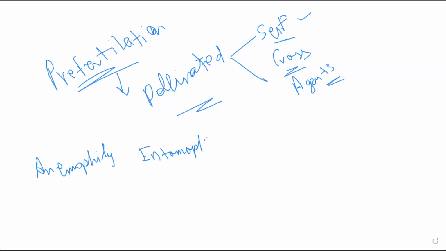I'll discuss what these things are. We have anemophily, we have entomophily, we have ornithophily, and we have a last one, whose proper name is not given, but it is basically the mammal, but we'll come to it later on.